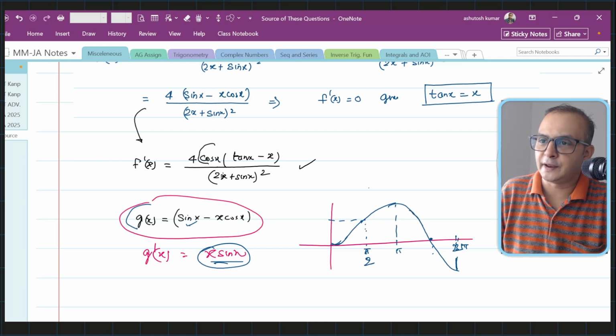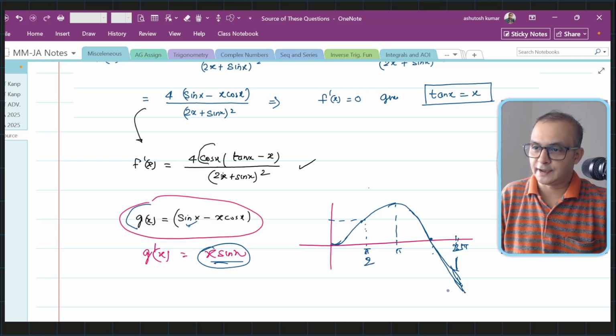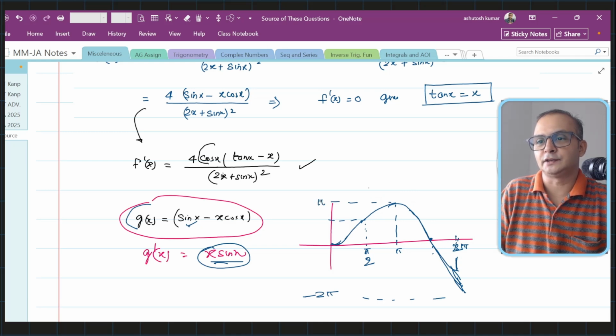It will attain its minima, and the minimum value is what? You can substitute 2 pi there, so sine 2 pi is 0. It becomes minus 2 pi. So this will go very far down, and this value was pi actually.